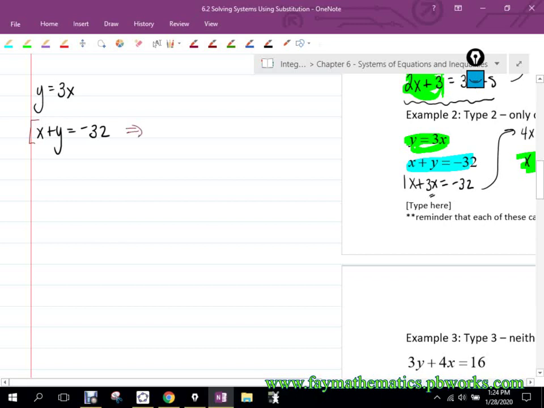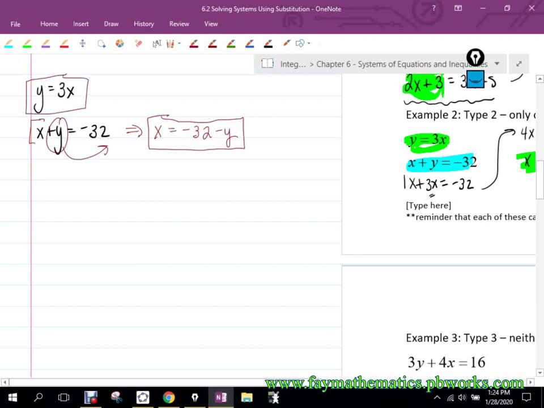If I solve this for x, does it look like this? That make sense, everybody? All I did is I took that y and subtracted it from both sides. So I got that. Okay?